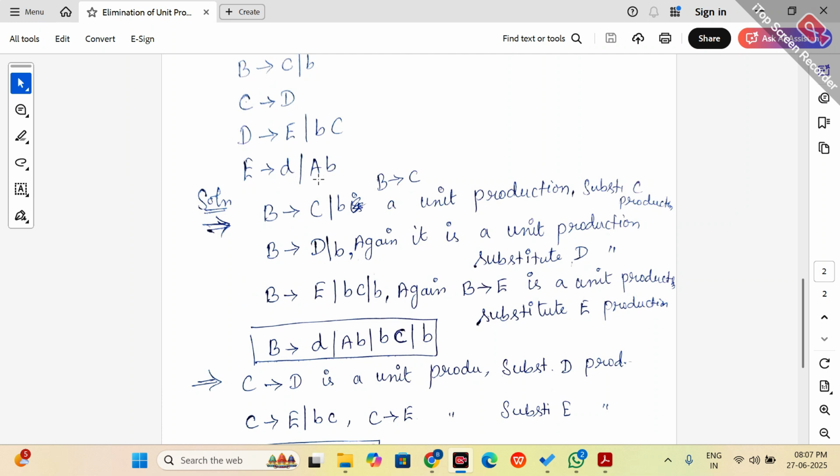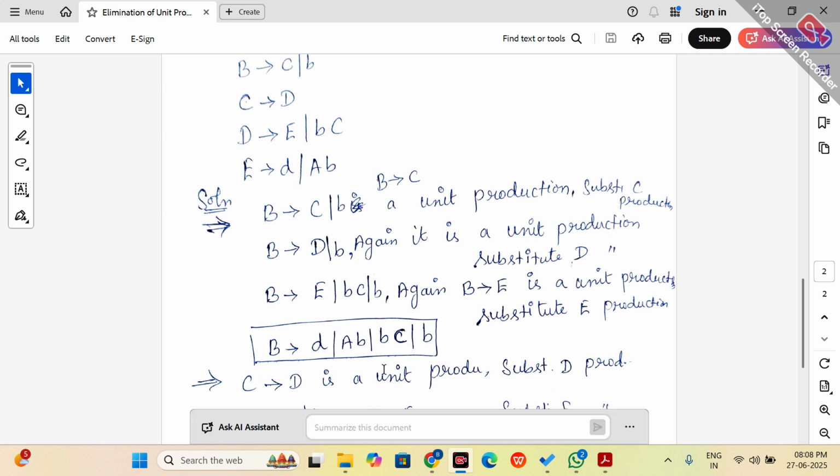For E, there are two different productions, d and aB, and the remaining production here is bC and b. Here d and b are terminal symbols and aB, bC are combinations of terminal and variable. There is no single variable here in the production. After eliminating the unit production, this is the final grammar for B.